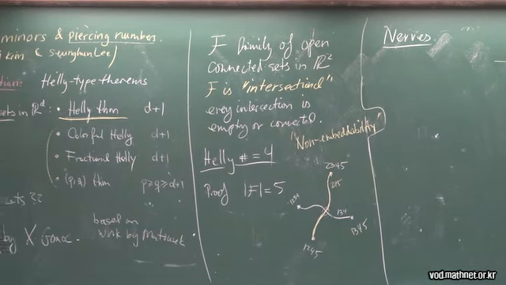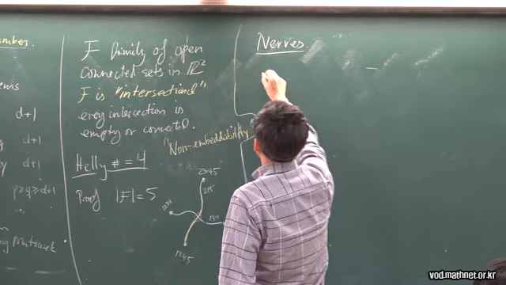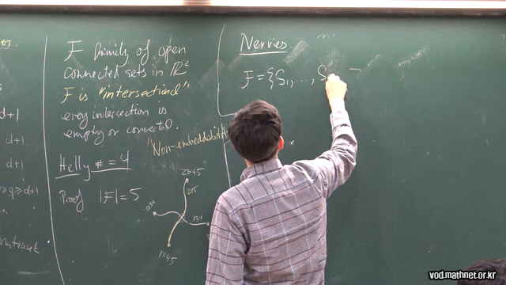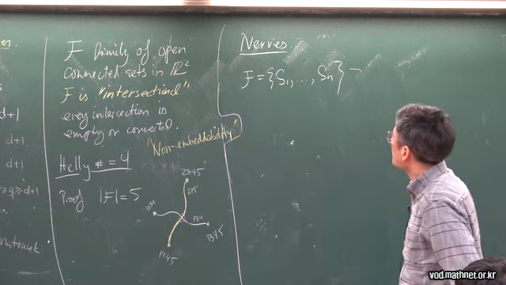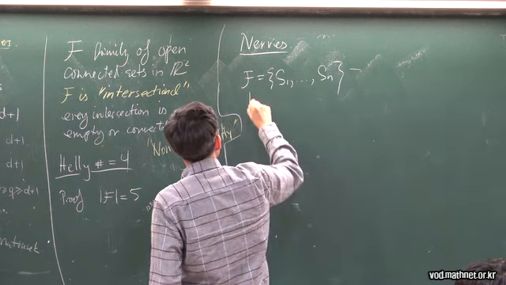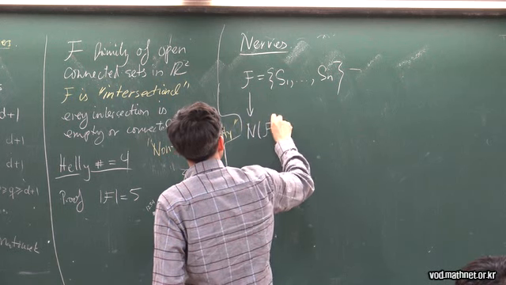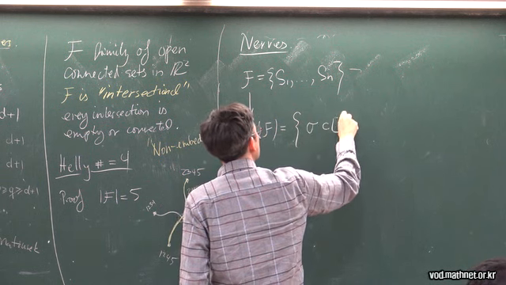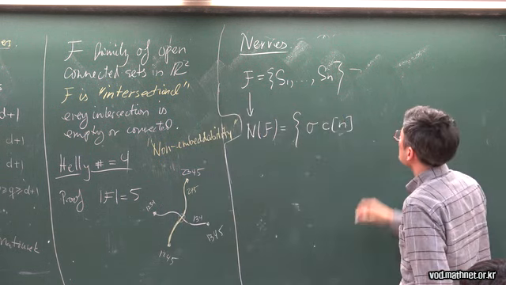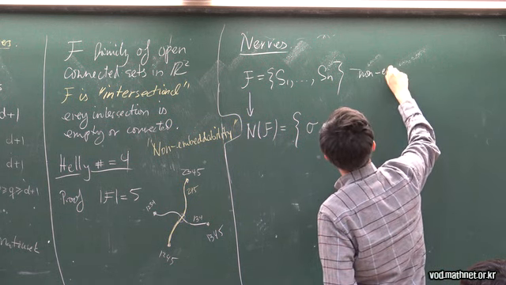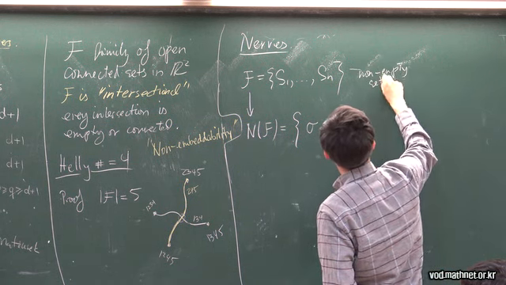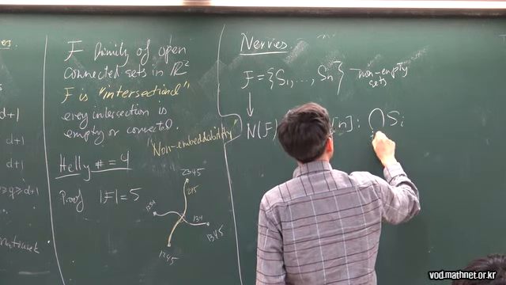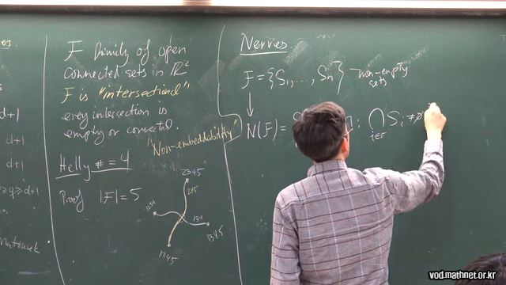Now let me go to nerves. So suppose you have a family of sets, S1 through Sn, and I can associate with this a simplicial complex called the nerve of F, and this is the family of subsets of the index set, the non-empty ones, such that the intersection of the Si is non-empty.